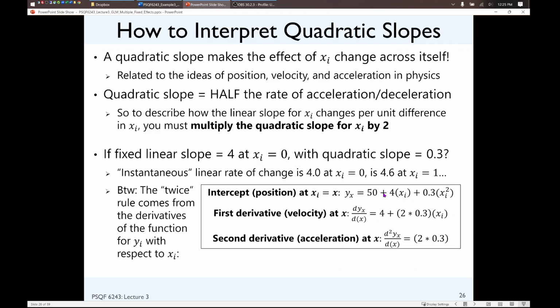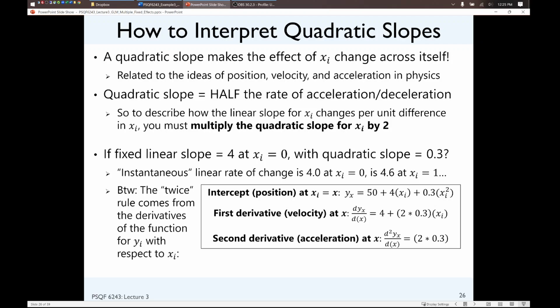So in terms of quadratic slopes, there's one rule that I want you to remember, and that is that to do anything with a quadratic slope and talking about how it changes the linear slope, you need to multiply it by 2. So if you remember physics from high school or college, that's long gone for me, but the words do ring a bell.